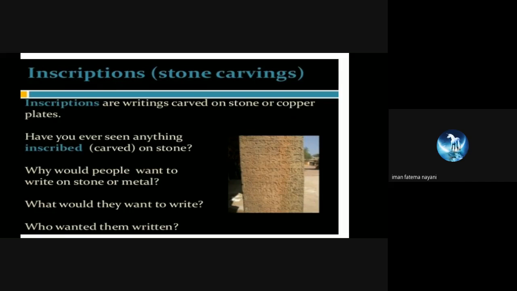Now, writings means what? What will they write on this? Suppose for example, Iman is making me a promise that she will be giving me her homework on time. She will pay the tax on time. All this. So, what are these? These are her promises. So, different types of promises are carved on the stone.